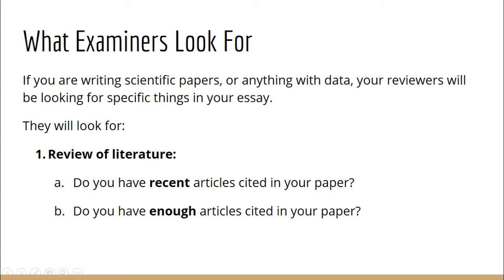Do you have recent articles cited in your paper? And do you have enough articles cited in your paper? If your articles and citations are outdated, your paper will be less strong and less credible. And if you only use a few citations, your scope might not be big enough.